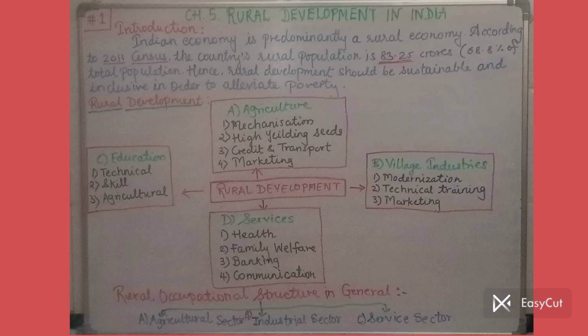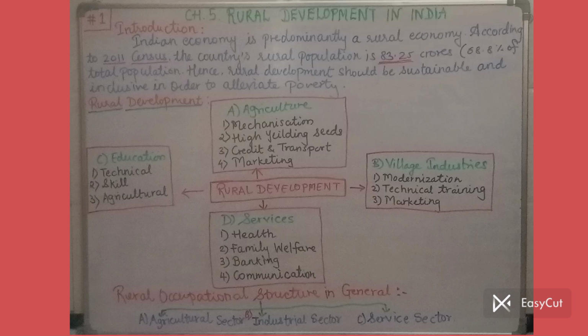Now, number one, A, agriculture. For the upliftment of agriculture, see what all things are to be done. First is mechanization. Instead of doing each and every agricultural activity manually, it is better to use more machines in the agricultural sector, so that the farm is cultivated with the help of machines to save manpower and energy.